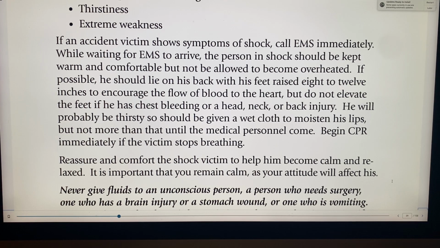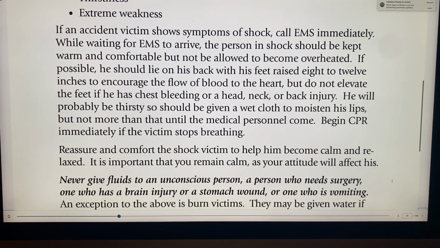Put something under their feet to raise them 8 to 10 inches, unless they have a head injury. Do not elevate their feet if they have chest bleeding or a head injury or back injury. You wouldn't want to raise their feet. But otherwise, just raise their feet up, and this will bring that circulation back to their brain, right?